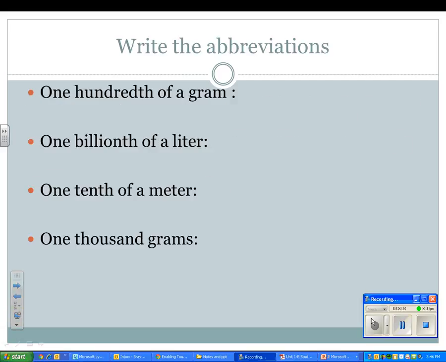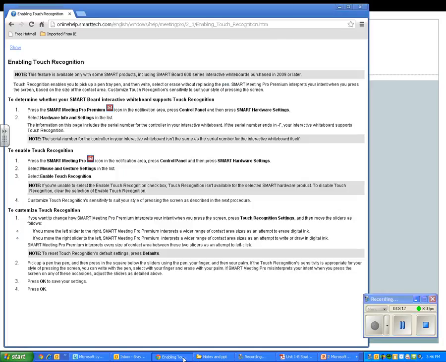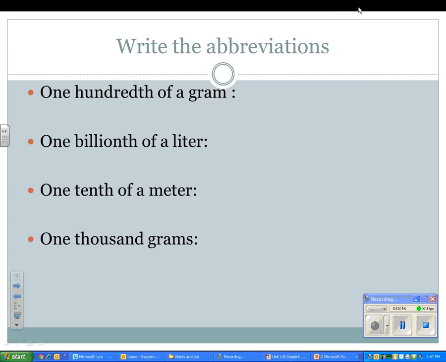All right, so feel free to use your chart with these practice problems. 1/100th of a gram is going to be, I don't know what that is. 1/100th of a gram, so we're going to have gram out here somewhere. And 1/100th is a centi, so there you go. Centigrams. So 1/100th is centi. 1/1000th is a nano.